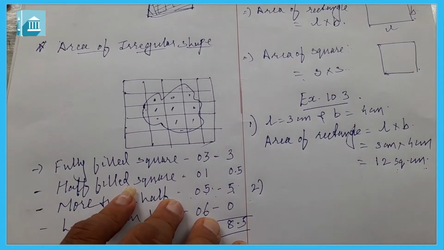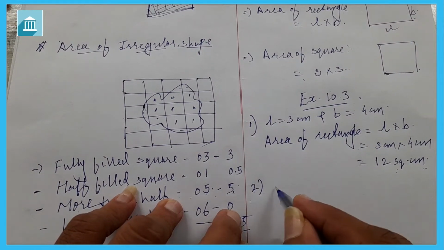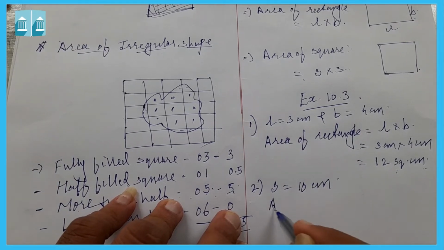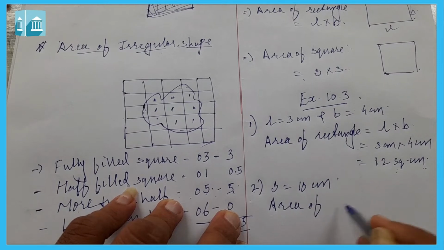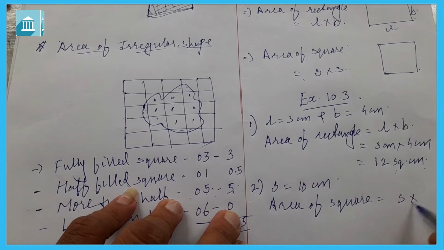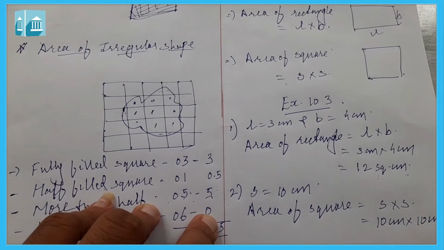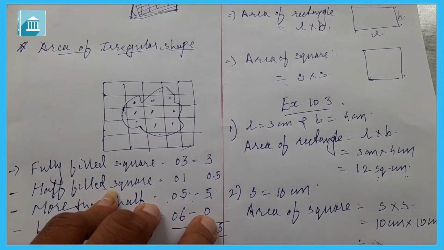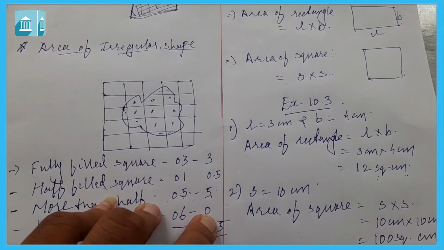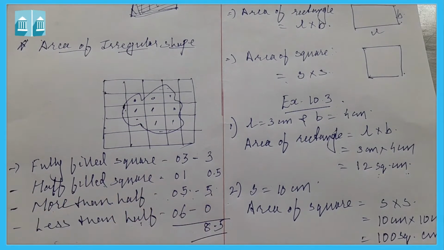Question number 2 is, find the area of a square whose side is given. Here S is given as 10 centimeters. So we can say area of square is equal to S into S, which is equal to 10 centimeter into 10 centimeter, which is equal to 100 square centimeter.